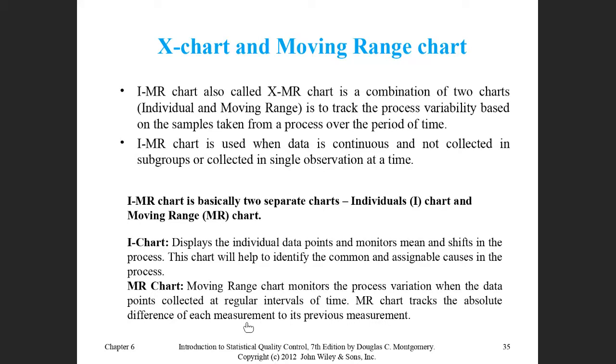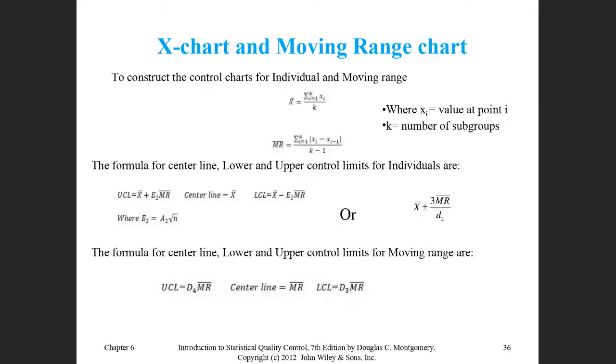Then we have covered three types of control charts: X bar R, X bar S, and today the individual MR or the IMR. The decision criteria to select among these three control charts is the sample size. If the sample size is greater than 10, then we use the X bar S. If it is less, then we use X bar R. If it is an individual reading, then we use the individual moving range control chart.